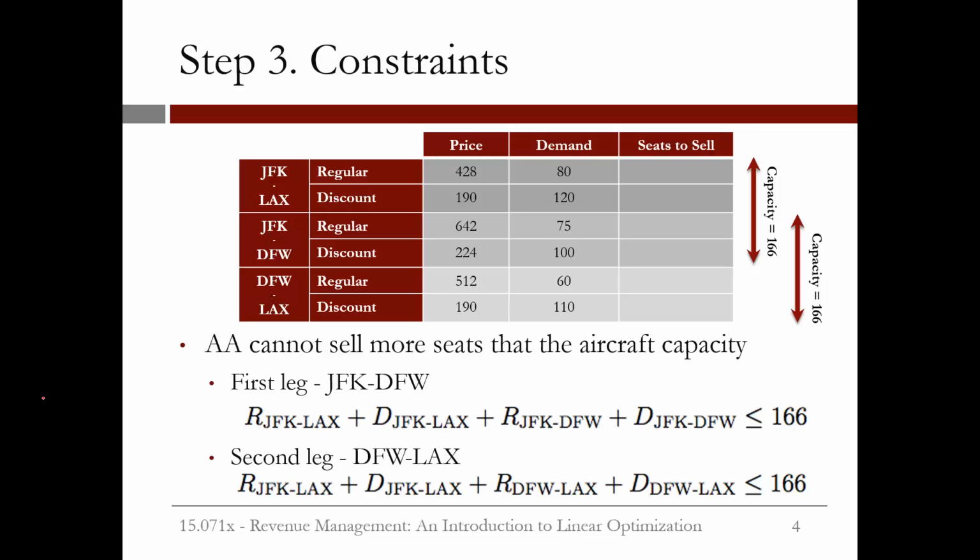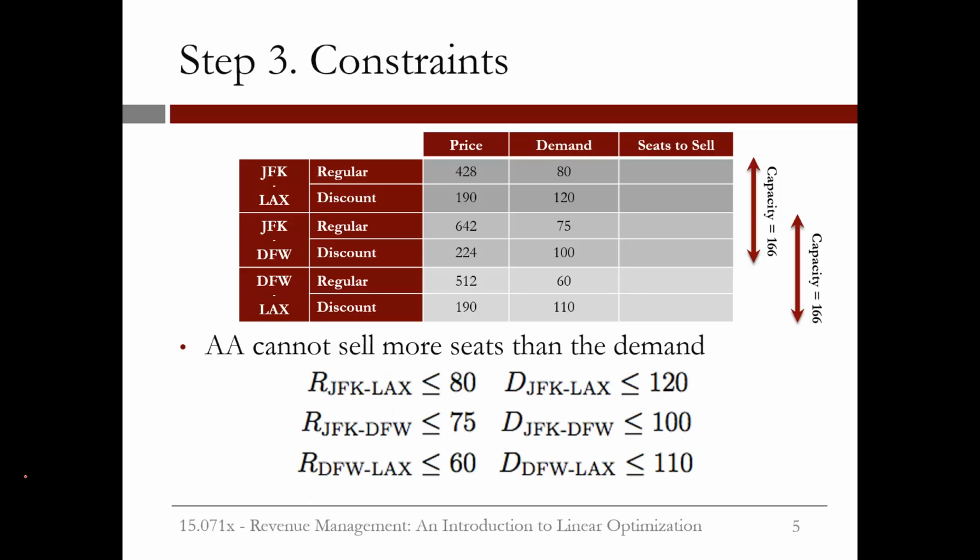And like before, we have 2 types of constraints, capacity constraints and demand constraints. For the capacity constraints, the airline shouldn't sell more seats than the capacity of each plane. We need 2 capacity constraints here, one for the New York to Dallas leg and one for the Dallas to LA leg. We also need 6 demand constraints, one for each type of ticket.